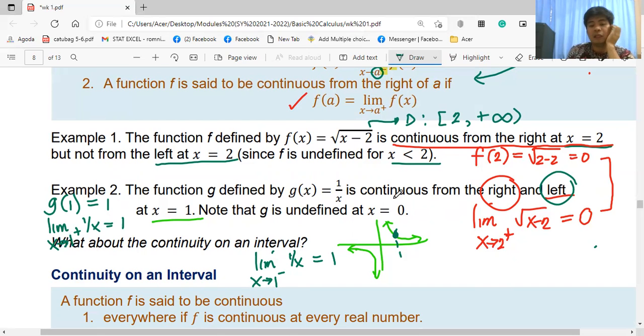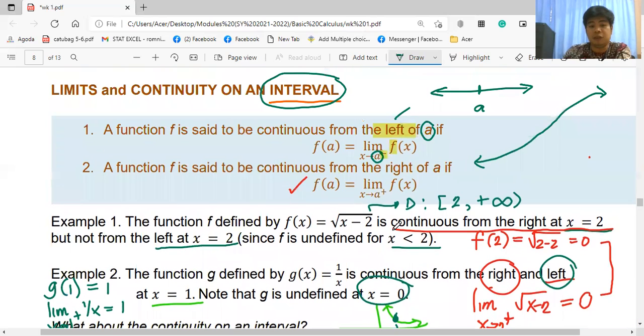Ngunit, makikita natin na hindi mo pwedeng daanan ang 0 because magiging undefined siya at x that is equal to 0. Okay? So you have to take a look into ano yung dahilan pagiging undefined niya dahil dun mag-i-stop yung pag-move ng graph, because x that is equal to 0 becomes the vertical asymptote of that. Okay? Now, sa madaling salita, kailangan mong obserbahan muna yung domain and then you have to take a look into satisfying the two conditions here.